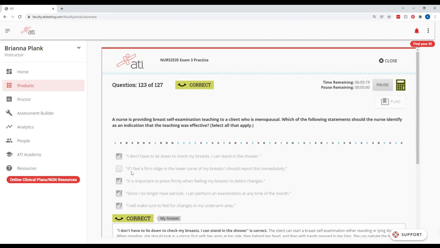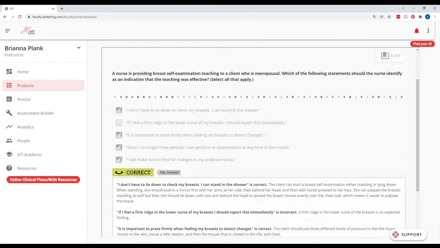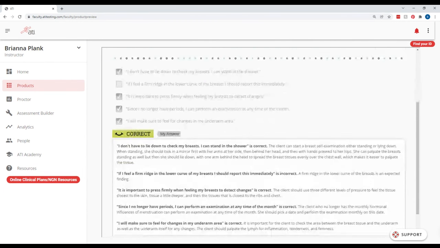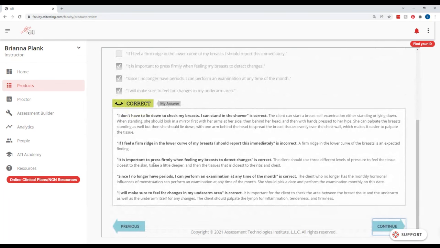So you can stand. It would be somewhat normal to feel a firm ridge in the lower curve of the breast. You might be feeling the rib. You want to press firmly enough to feel if there's any changes. When you don't have periods anymore, it's not going to be hormonal changes on the breast due to menstruation, so you can check at any time. And we want to make sure that they check all the way up into the axillary area as well.